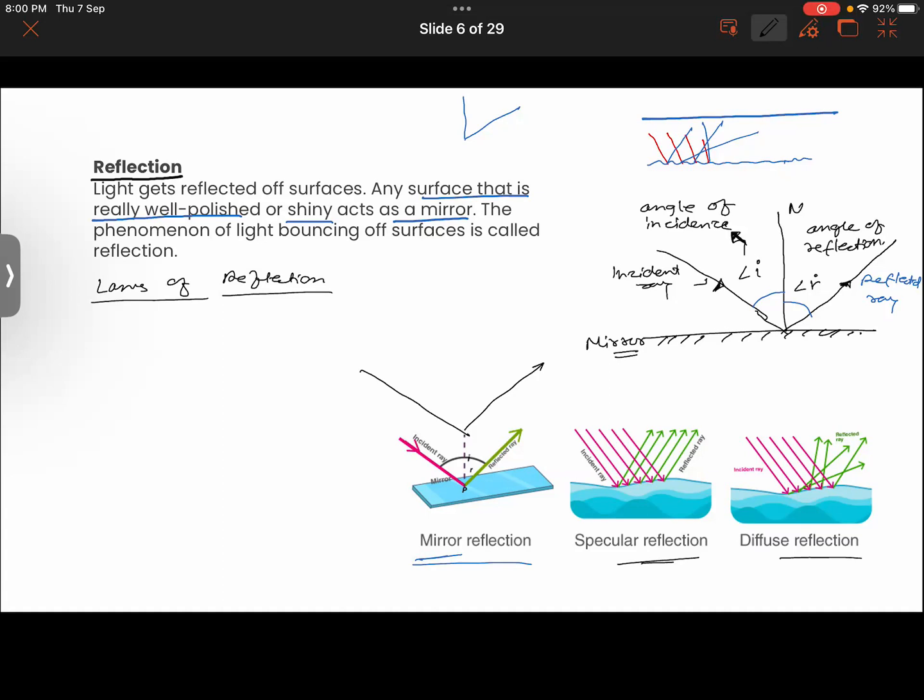So the laws of reflection, let's study about them. The first law of reflection says that the angle of incidence is always equal to the angle of reflection.